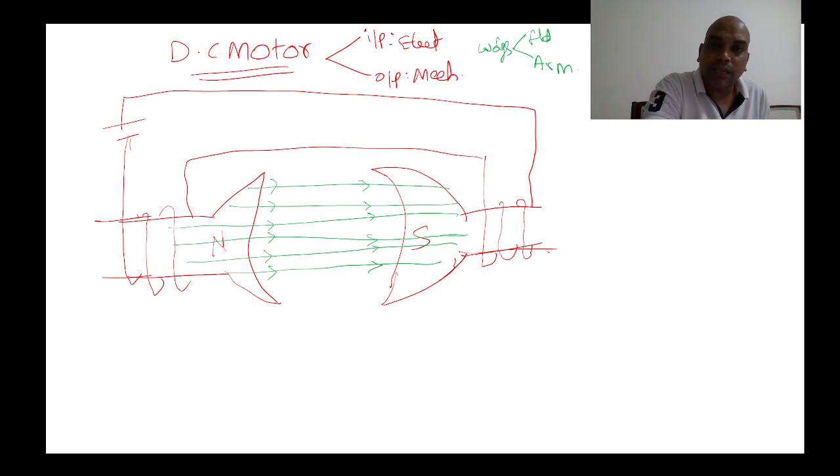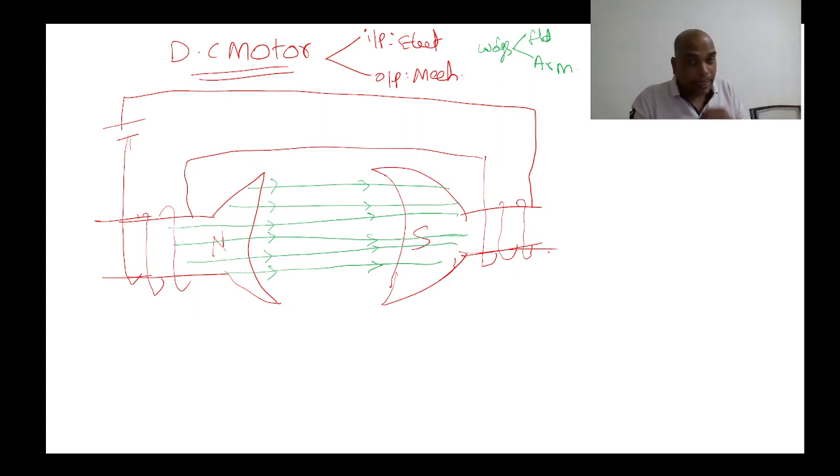In DC generator we gave DC supply to the field winding. In DC motor also we give DC supply to the field winding. If you give DC supply, what happens? A constant magnetic field is developed. That is, magnetic field flux lines are passing from north pole to south pole. It is common for both DC generator and DC motor.